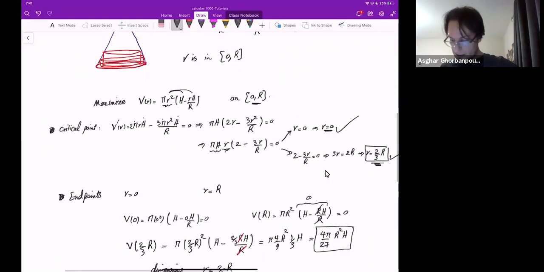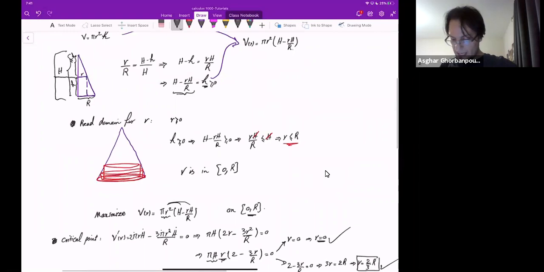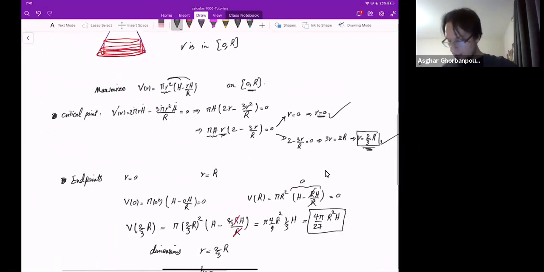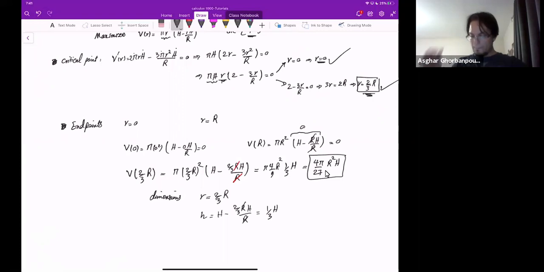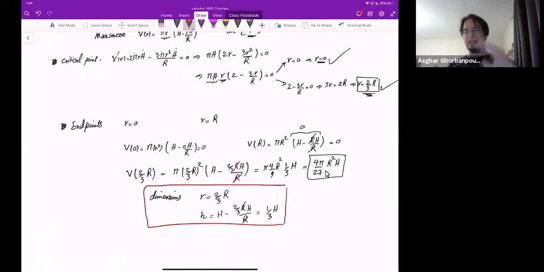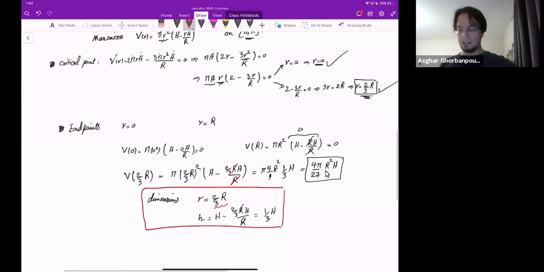If I use this formula that I found for the relation between h and r, so put r to be 2/3 of R, and you see that these two cancel, that will give 1/3 of H. So the maximum volume cylinder that can be fit inside a cone of radius capital R and height capital H is when the radius of the cylinder is 2/3 of the radius of the base, and the height is 1/3 of the height of the cone.